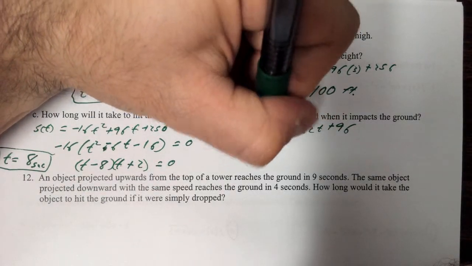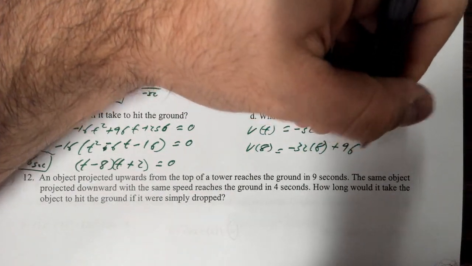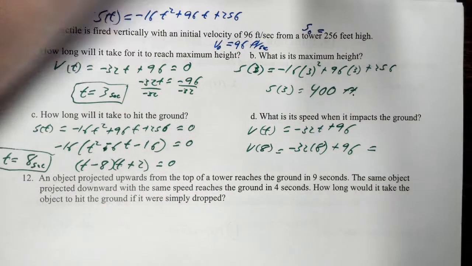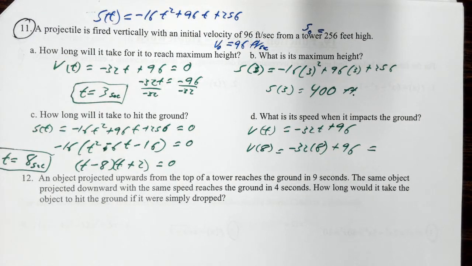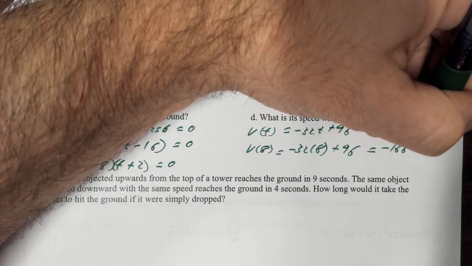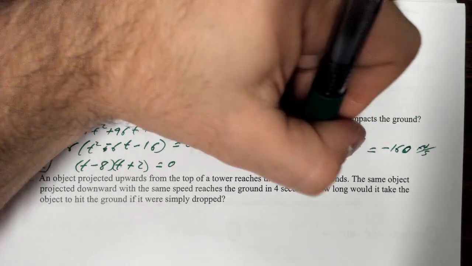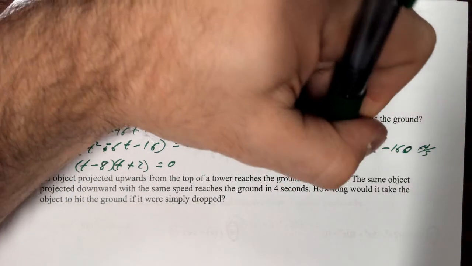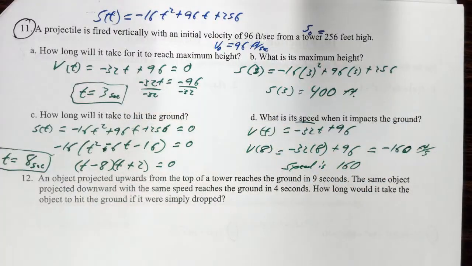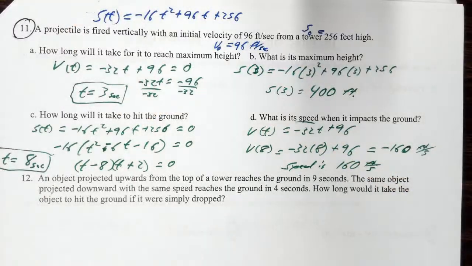So V of 8 is negative 32 times 8 plus 96, which is negative 160 feet per second. But they said speed, so that's the absolute value, so speed is 160 feet per second. Okay, so that's all the particle motion stuff.